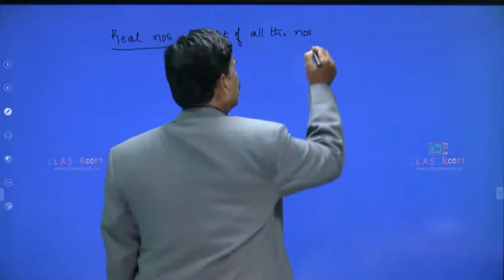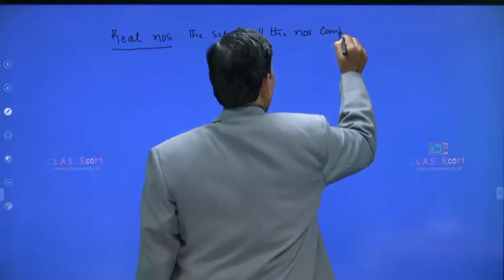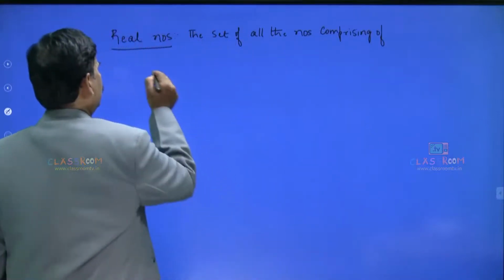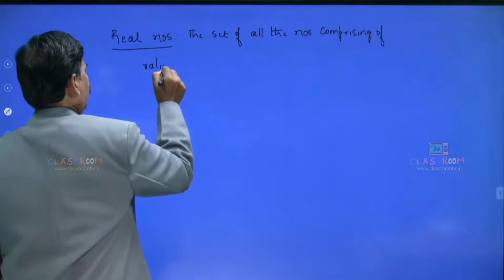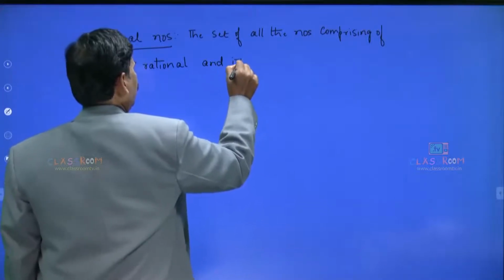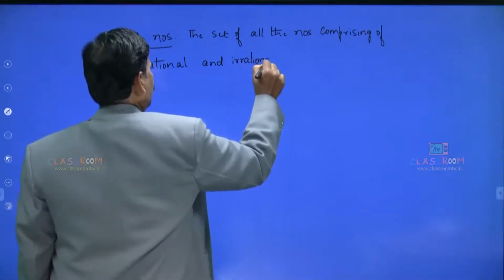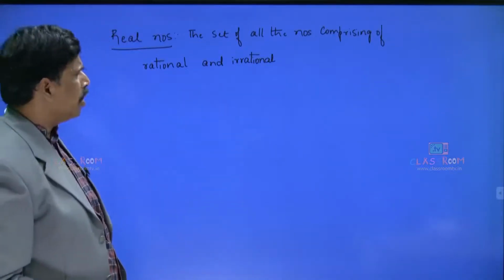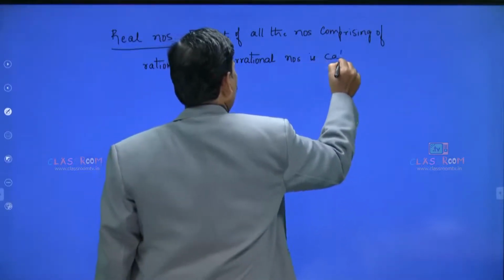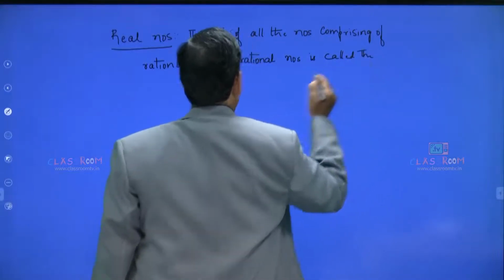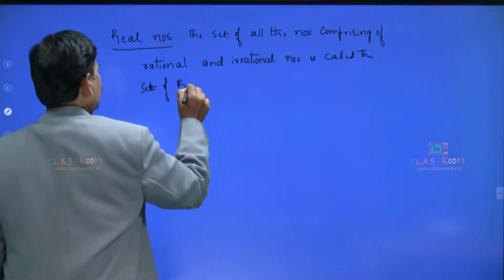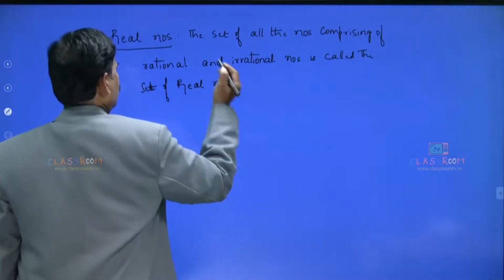The set of all numbers comprising rational and irrational numbers is called the set of real numbers.